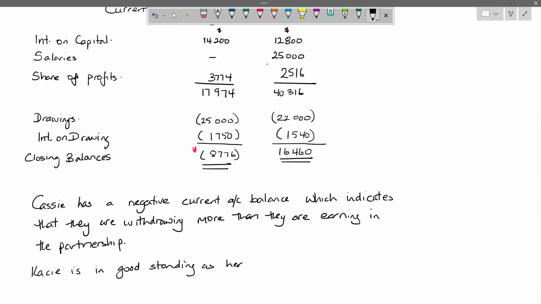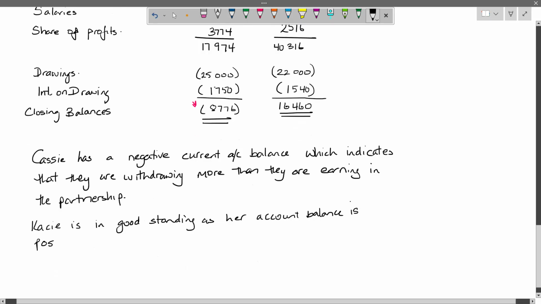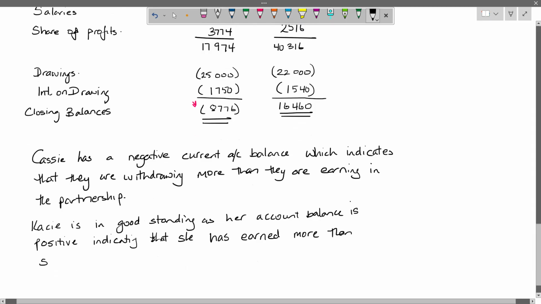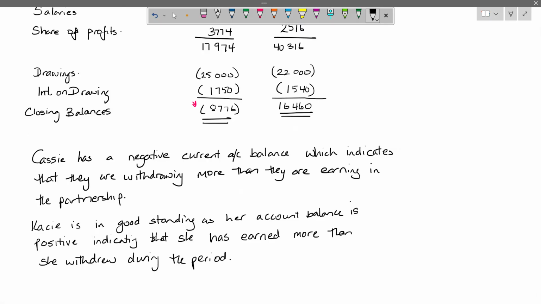As her account, assuming it's her current account balance rather, is positive, indicating that she has earned more than they would do during the period. Yeah? So that's the difference between the two, right?